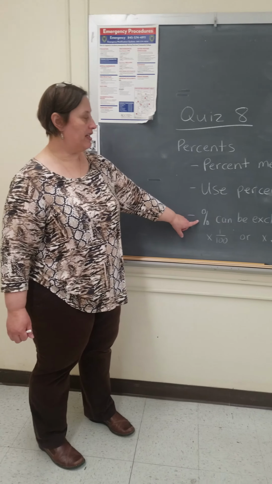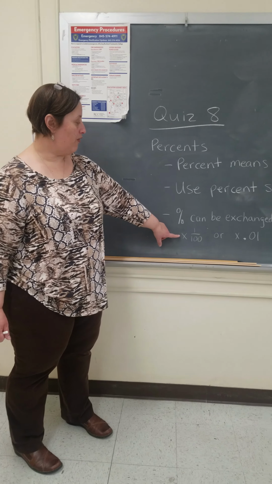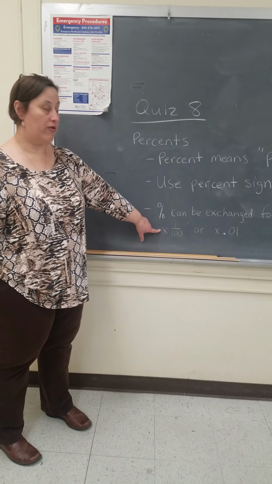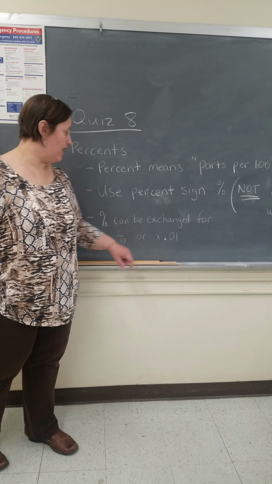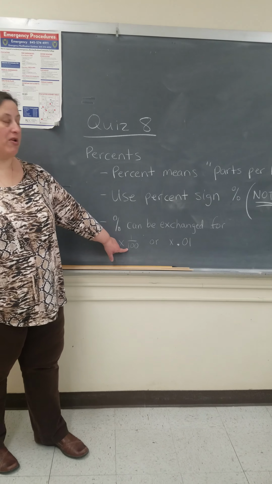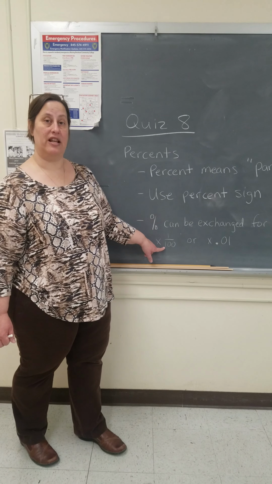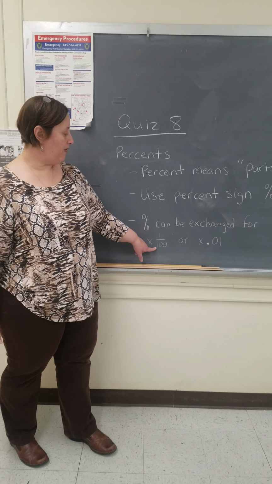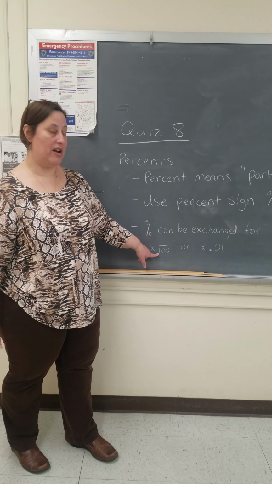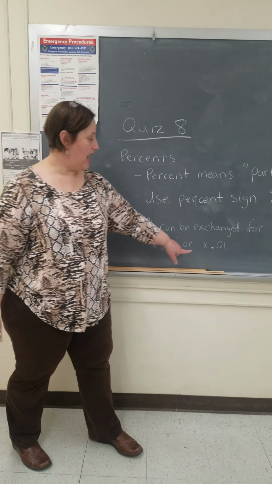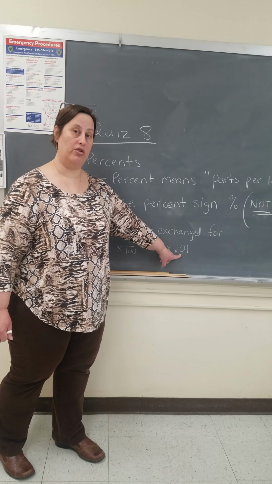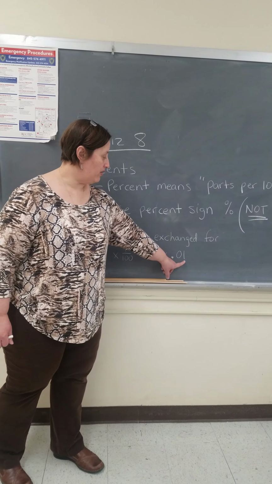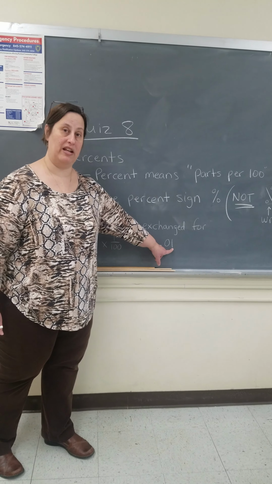Now, the percent sign can be exchanged for times 1 over 100 or times 0.01. Now, if you remember from our lectures on fractions and decimals, the word name for this fraction is 1/100th. And I hope you remember also that the word name for this decimal is also 1/100th, because the 1 is in the hundredths place.